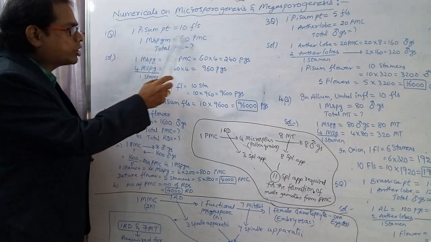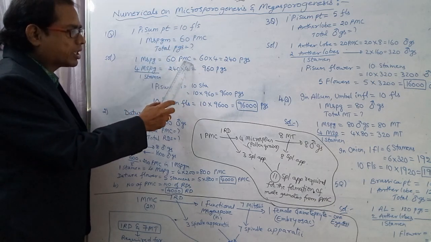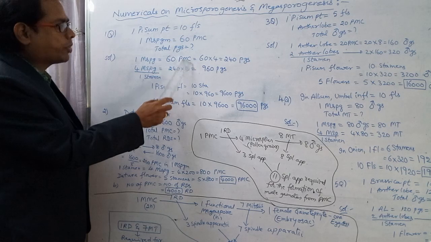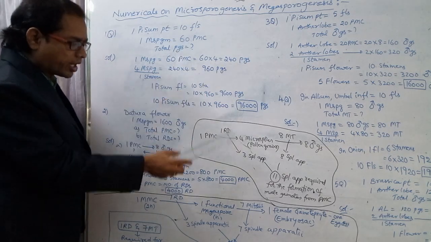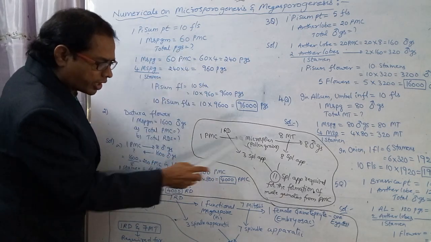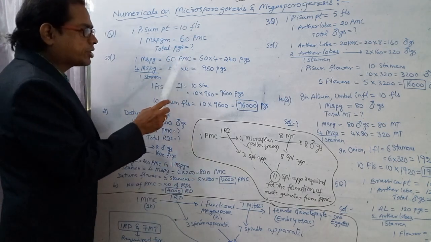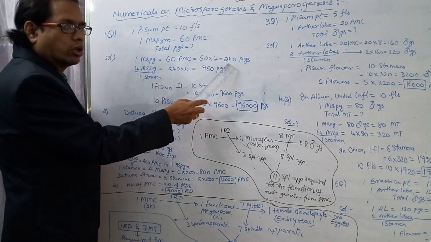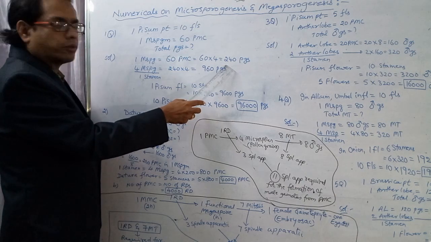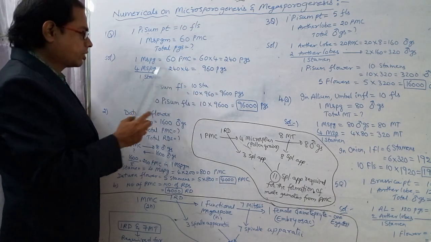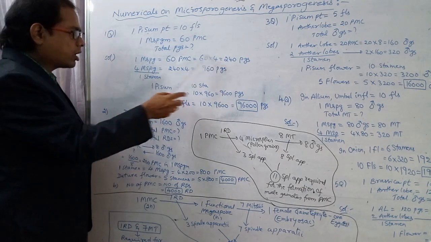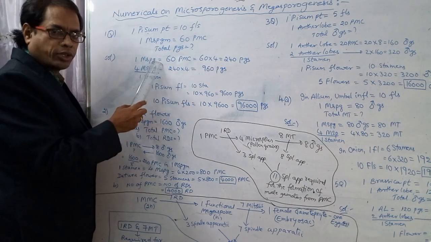One microsporangium contains 60 pollen mother cells. So what is the relation between PMC and pollen grains? PMC to pollen grains ratio is 1:4, isn't it? So that means 60 into 4, that is equal to 240 pollen grains. So we got for 1 microsporangium.